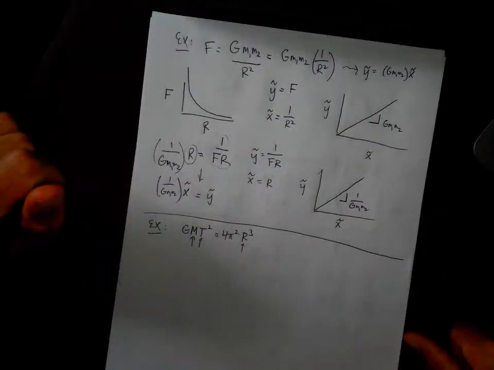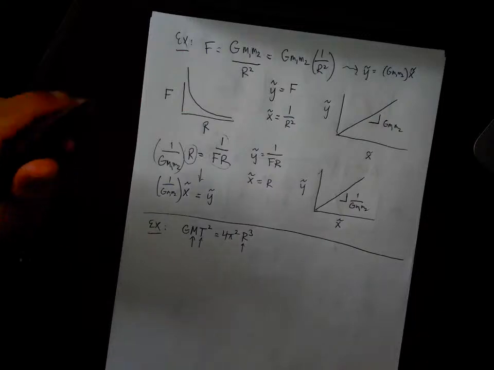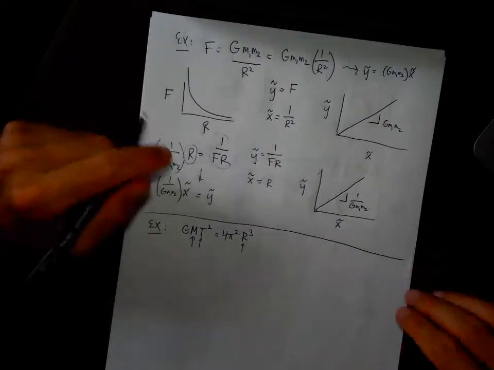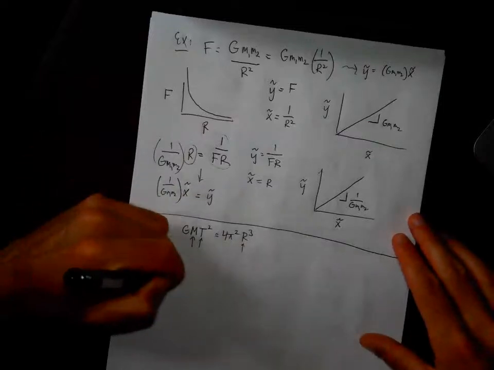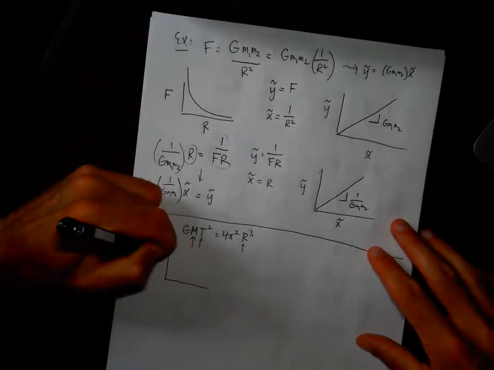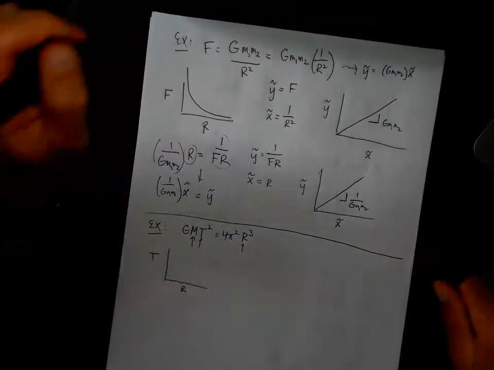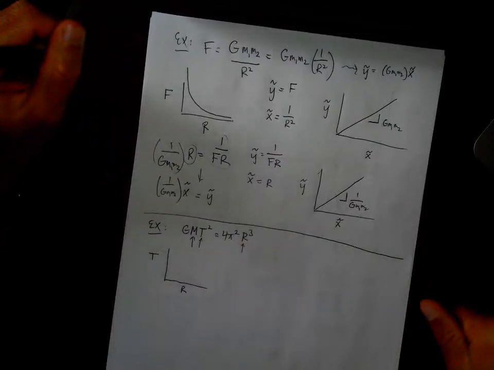So how could we make this a straight line? Normally you would graph period versus size, and that's not going to look like a straight line.